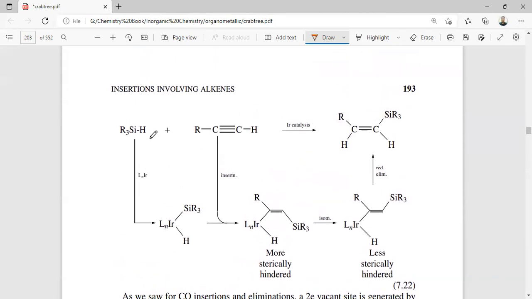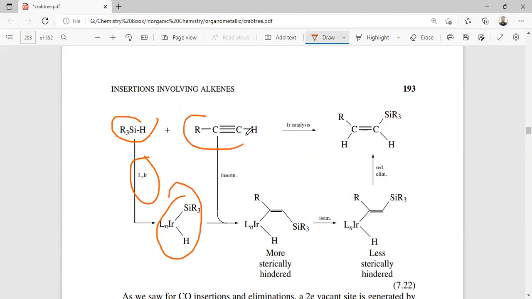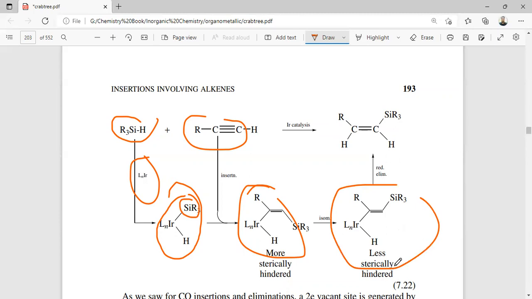So here the R3Si-H silicon hydride bond is inserted. So from this metal hydride species, this alkyne is inserted into the Si-R3. So from this alkene intermediate, it isomerizes to give this cis intermediate. The reductive elimination occurs to form this final product.